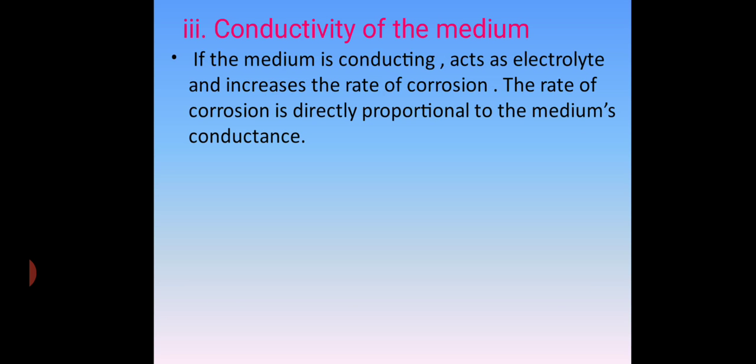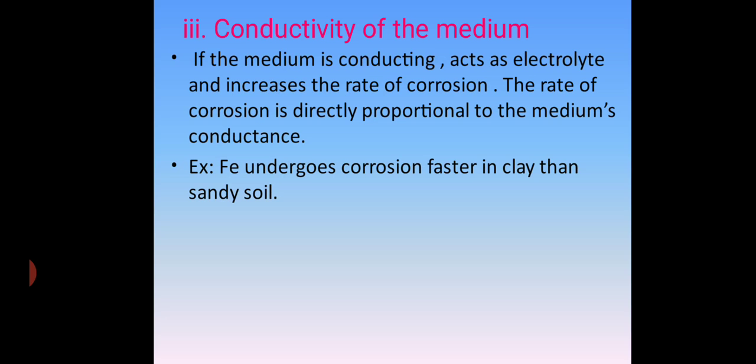Then last, conductivity of the medium. If the medium is conducting nature, it will act as electrolyte and increases the rate of corrosion. The rate of corrosion is directly proportional to the medium's conductance. If the conductivity of the medium is high, then the rate of corrosion will be high.